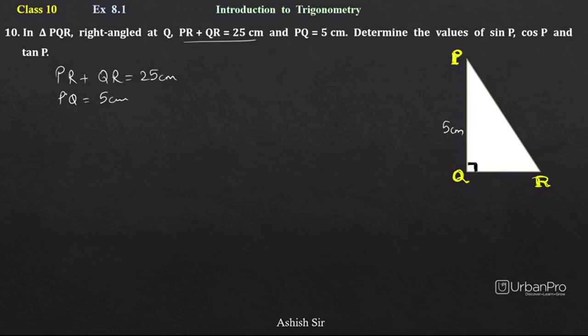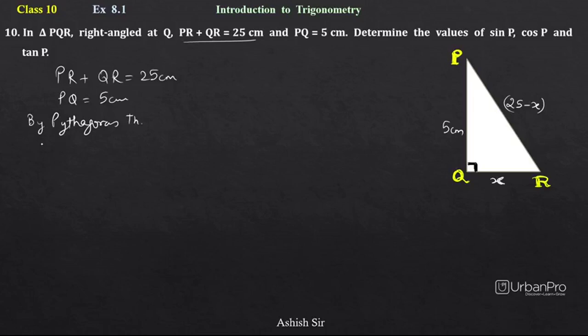So first of all, we need to find out the values of PR and QR. If we take the value of QR as X, then it is obvious that PR will be 25 minus X. Now we can apply Pythagoras theorem.